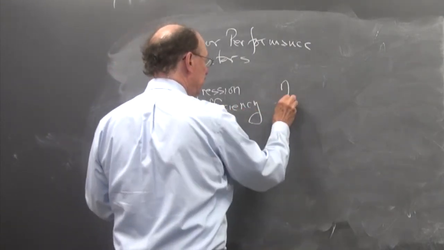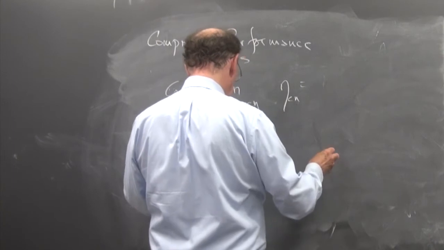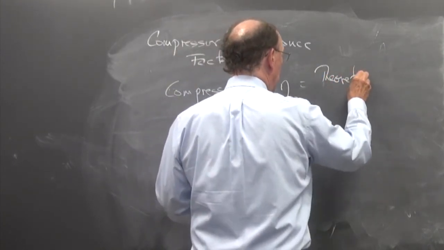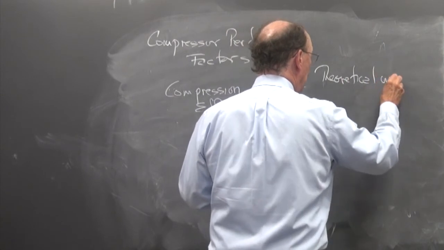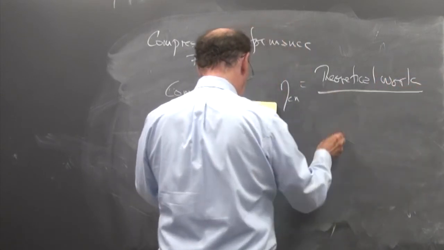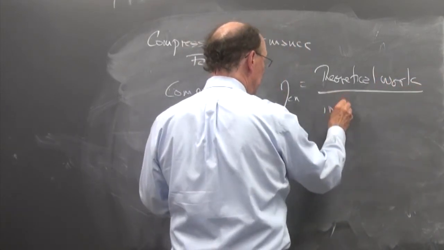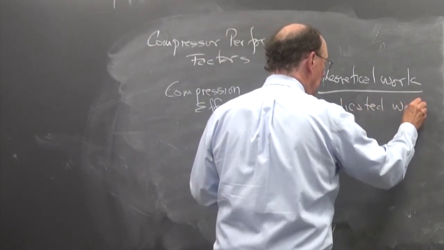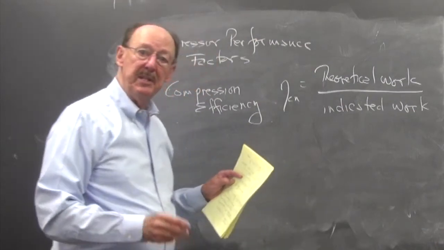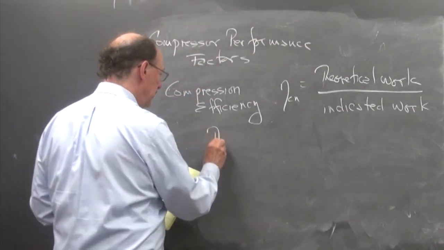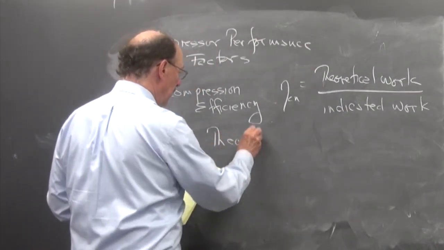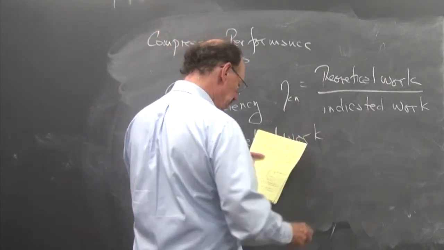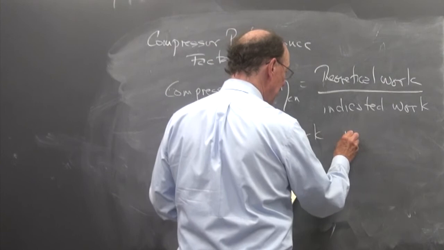And eta sub Cn is the theoretical work over the indicated work. So the theoretical work is either going to be your isentropic or isothermal.